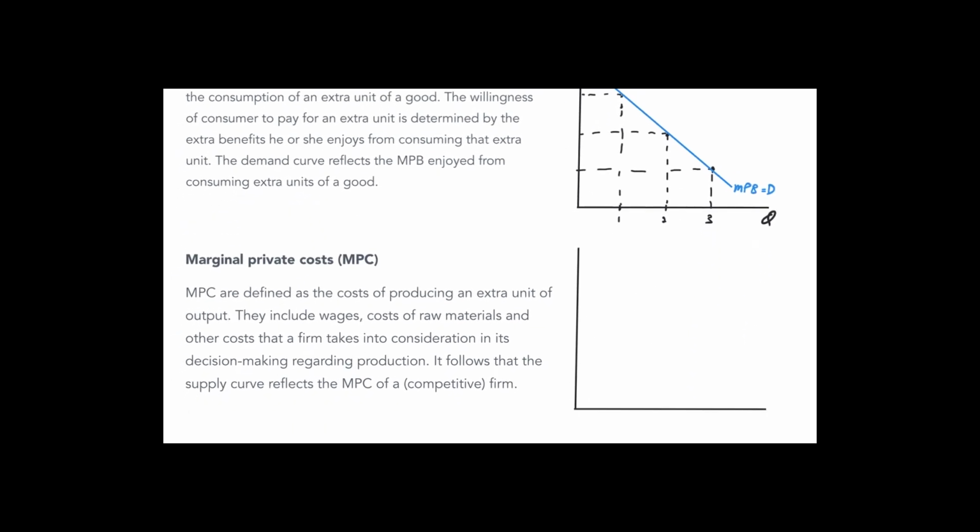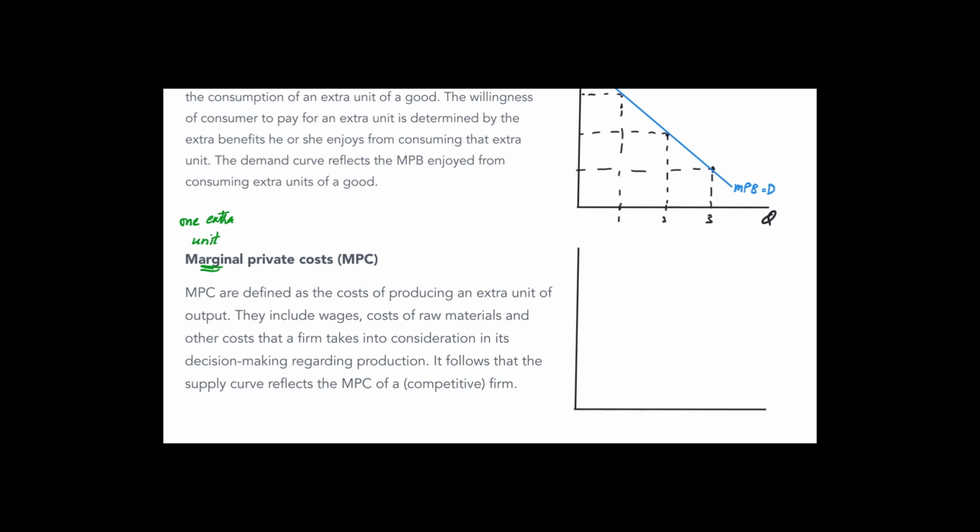Now, our second idea is the marginal private cost. Private cost kya hai? So let's dissect the word. Marginal means one extra unit. Now, when we're discussing in terms of cost, that means we're thinking from the perspective of the producers doing the production.